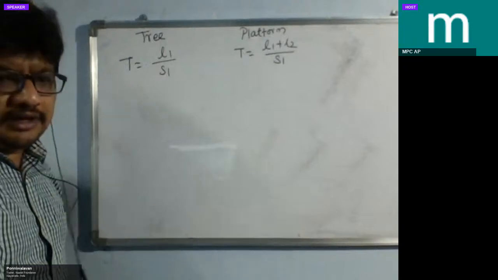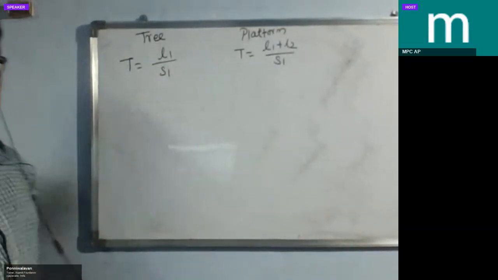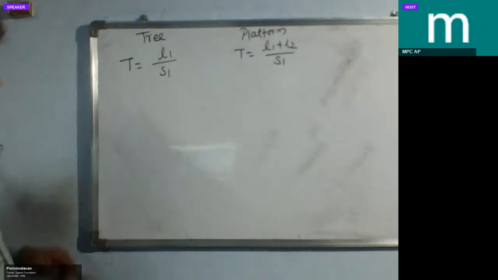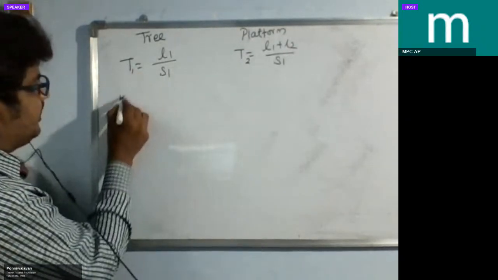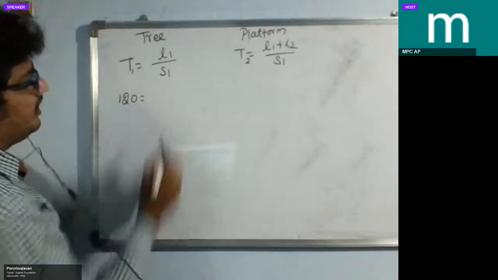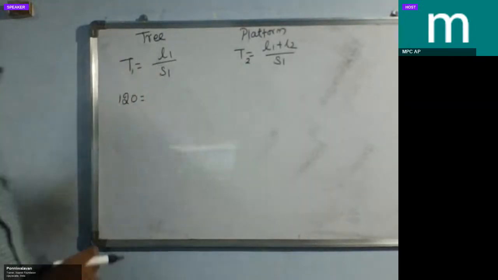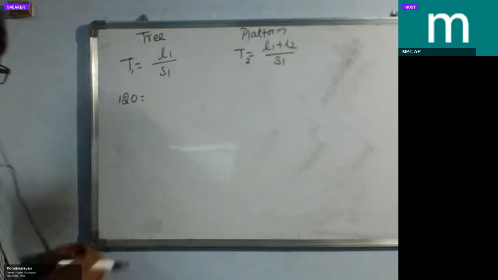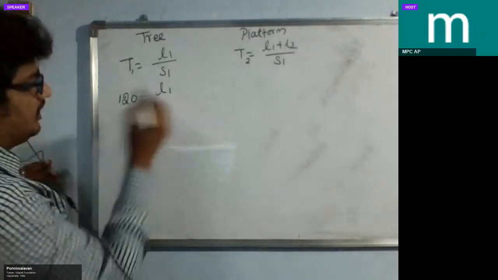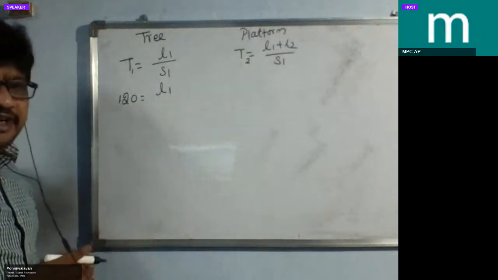Now, listen. A train crosses a tree in 120 seconds. Did they give the length of the train? No. So take it as L1. Did they give the speed of the train?